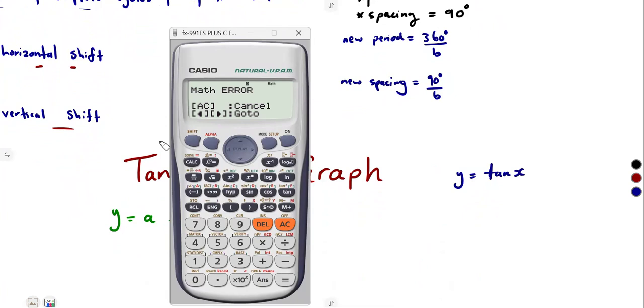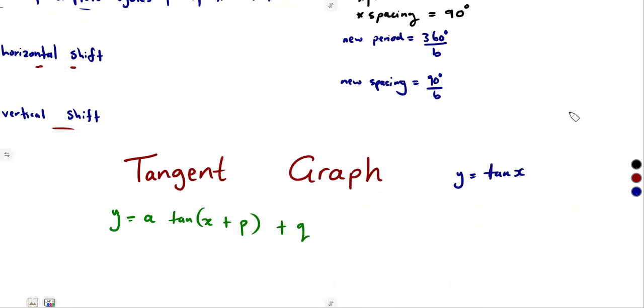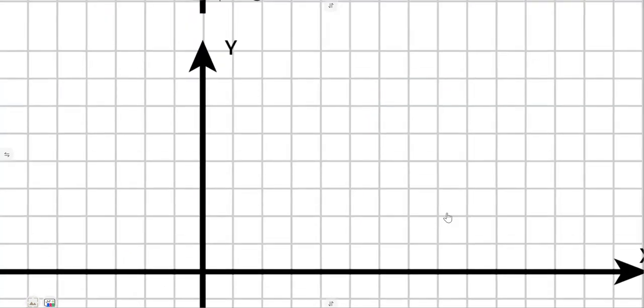So we cannot have a spacing of 90 degrees because there will be no value at that 90 degrees. So the spacing this time will be at 45 degrees. So using a spacing of 45 degrees, I want us to consider the graph of a tan.